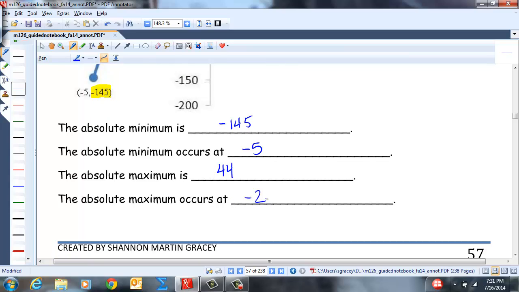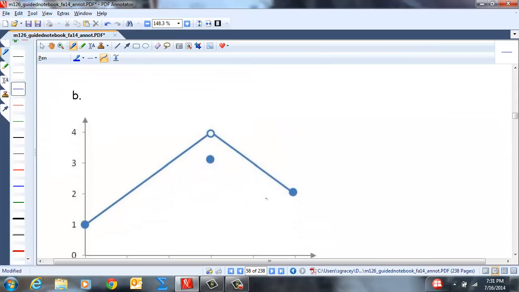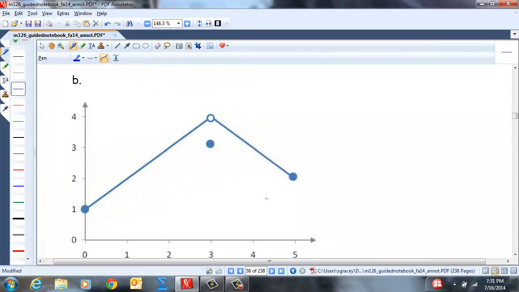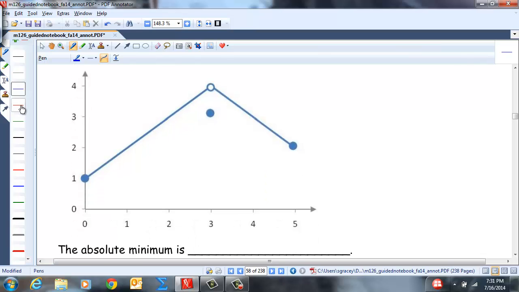All right. Next example. This one's a little tricky. Take a look at this one and tell me what you think. Okay, so here there's definitely an absolute minimum. But look at this problem child right here.